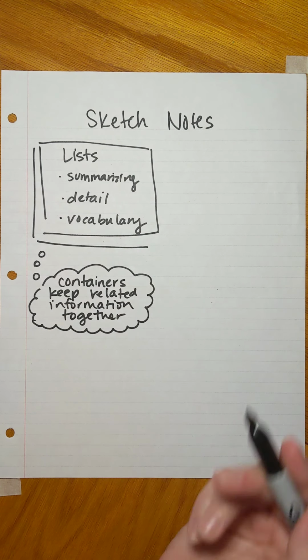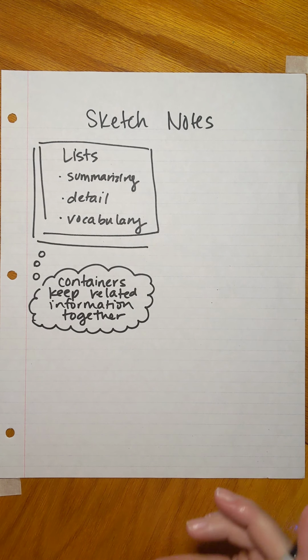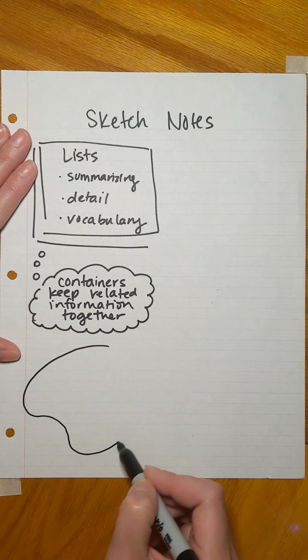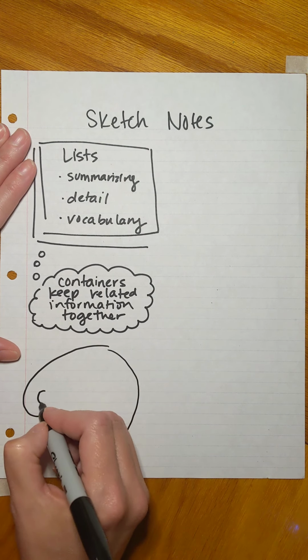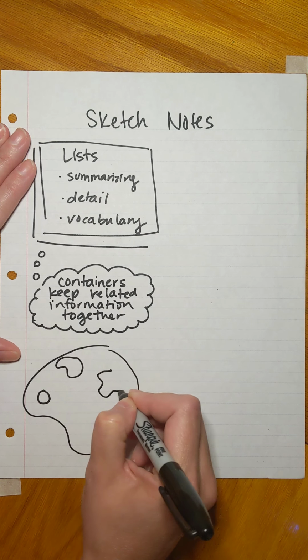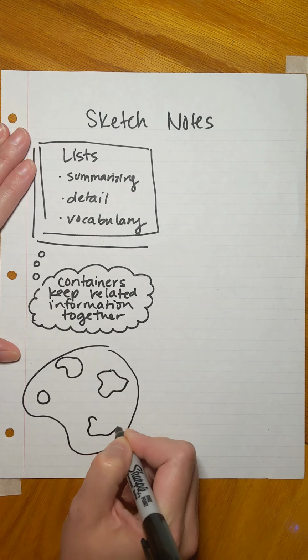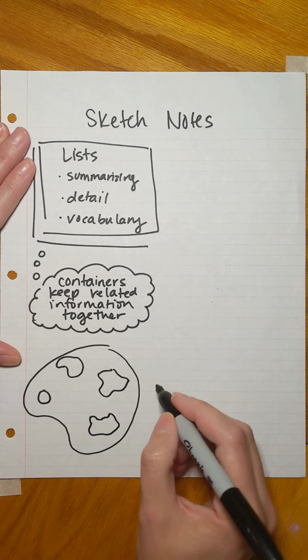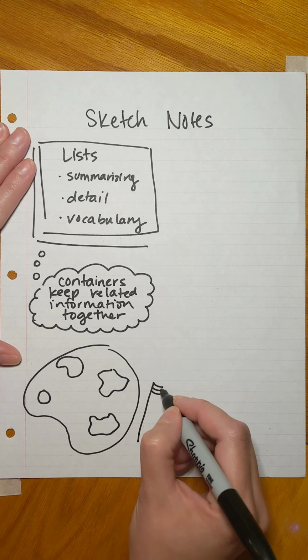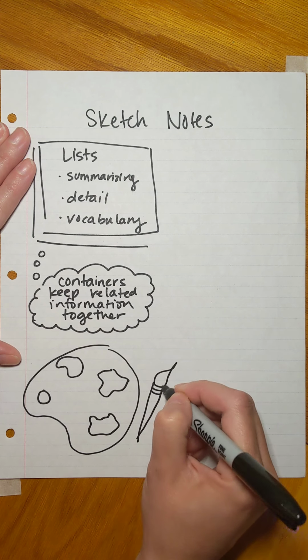Now notice I haven't done anything particularly artsy. You don't have to have any kind of impressive art skill to be able to do this. And so that comes to my next point here. You can, if you want to make yours very artistic, you are of course welcome to do that.